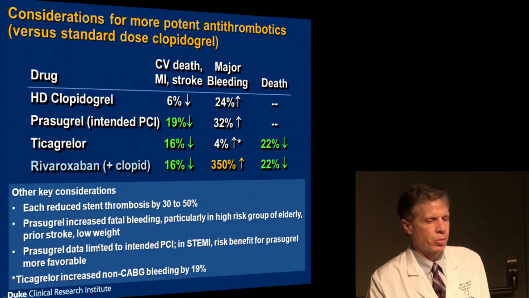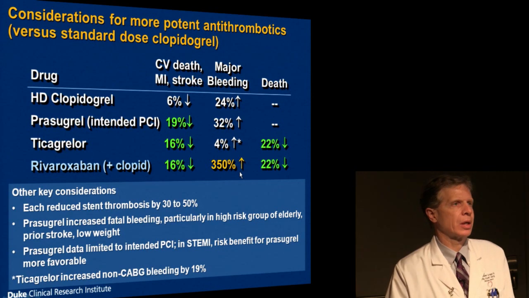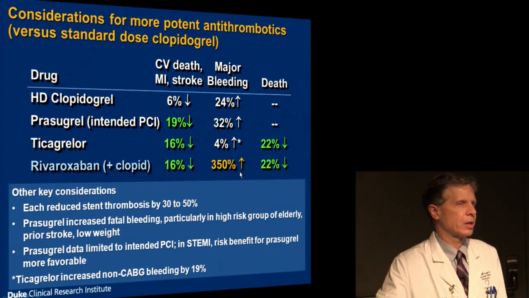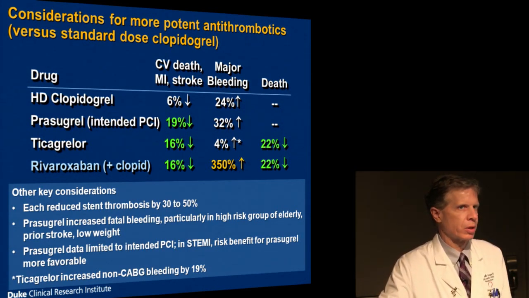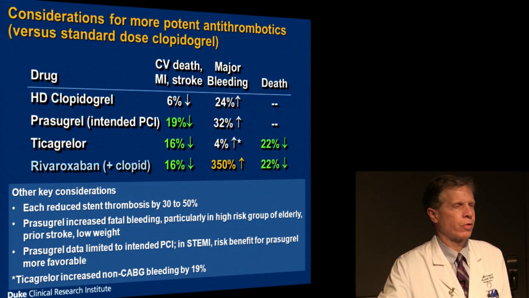But this is the problem with rivaroxaban, is that it came at an increased risk of bleeding. And this is a very consistent pattern with any time that we're adding one of these novel agents to aspirin and clopidogrel, we see a 3 to 4-fold increased risk of bleeding, including major bleeding, intracranial hemorrhage. So this is a real limitation.